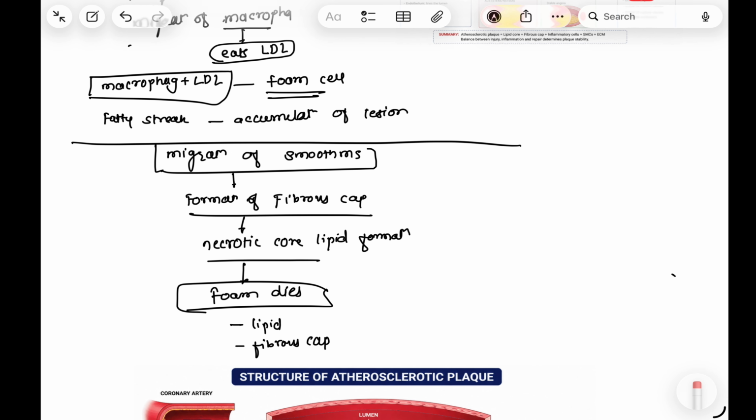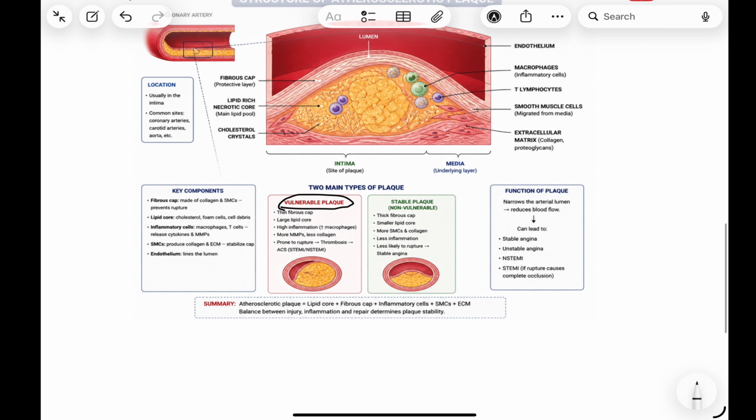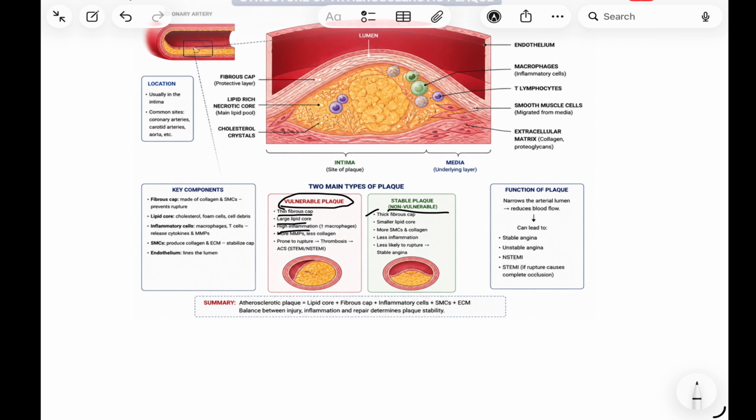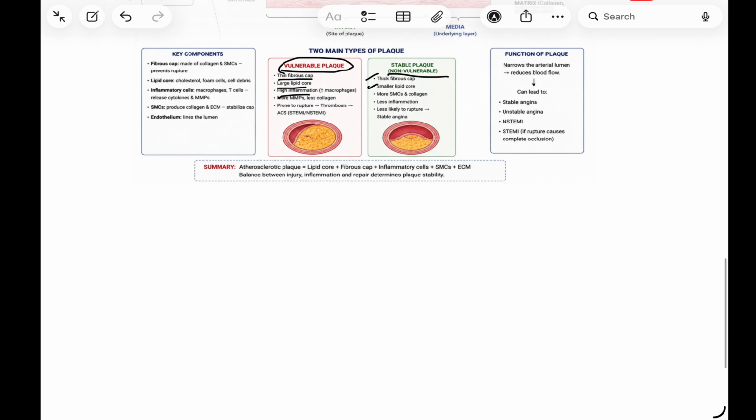Now there are two types of plaque that we get in atherosclerosis. The first one is vulnerable plaque and the second one is non-vulnerable plaque. What do you mean by vulnerable plaque? In vulnerable plaque, there is a thin fibrous cap, a large lipid core and high inflammation. On the other hand, stable plaque has a thick fibrous cap and a smaller lipid core. Let's understand with the cut section.